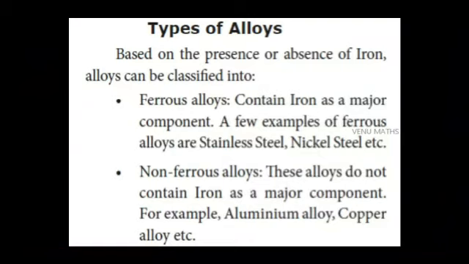Examples of ferrous alloys are stainless steel, nickel steel, etc. In non-ferrous alloys, iron will not be the major component. Here, the major component may be aluminium, copper or some other metal.